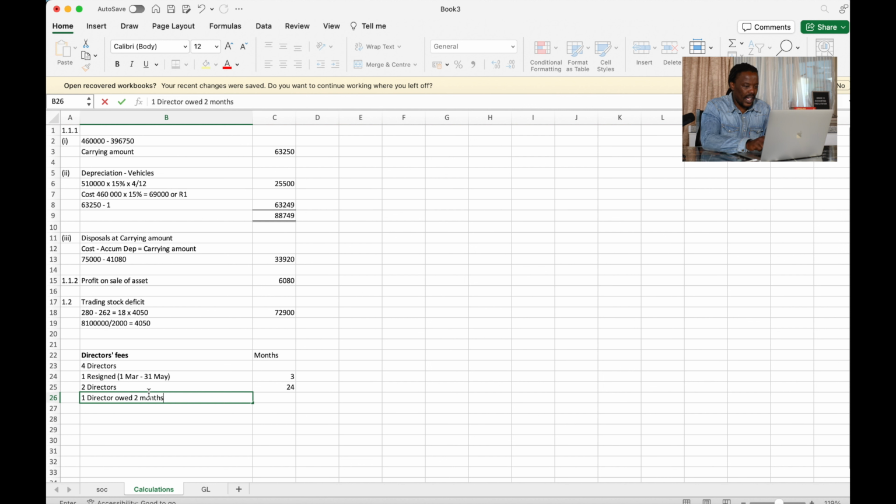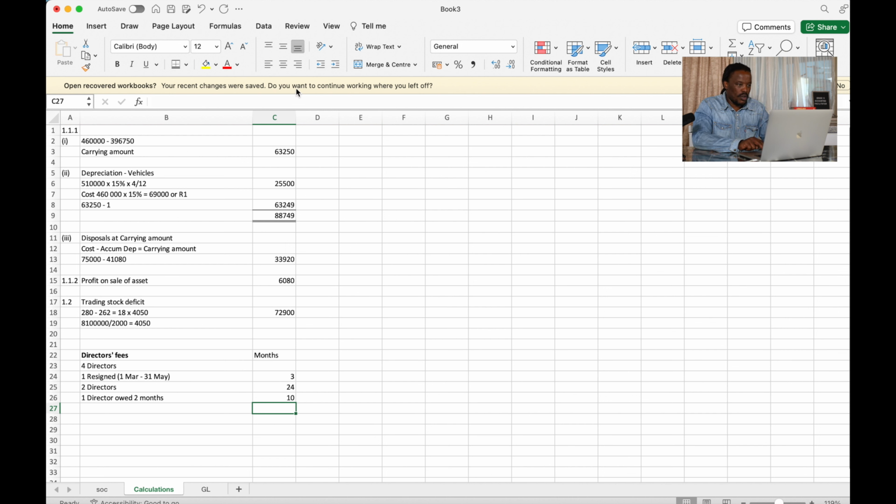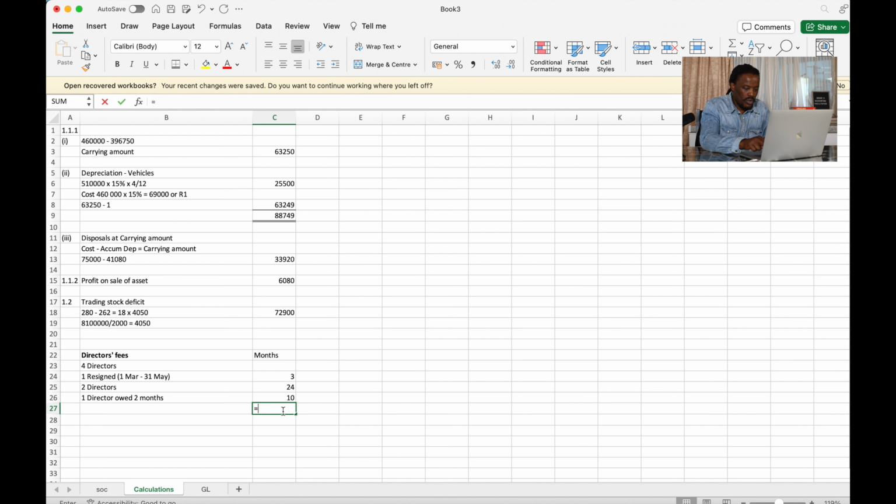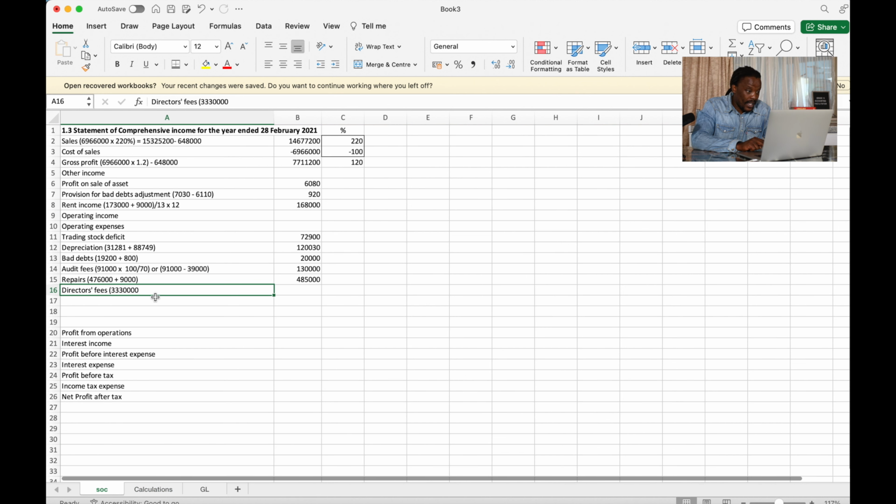It tells us that out of 12 months, 2 months is owed. He received 10 months. So the total of these months is 3 months plus 24 months plus 10 months. The amount that is there represents 37 months.